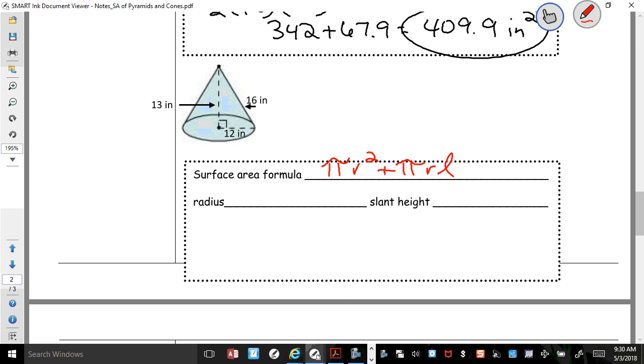So we got pi, what's the radius? 12 squared plus pi, and what's the slant height? 16.